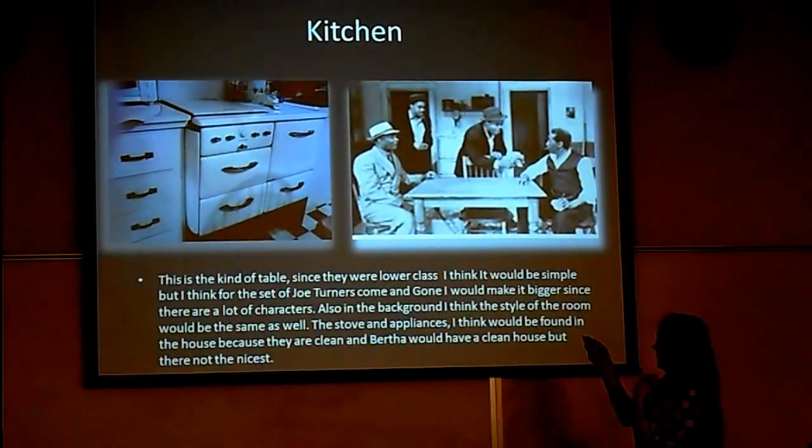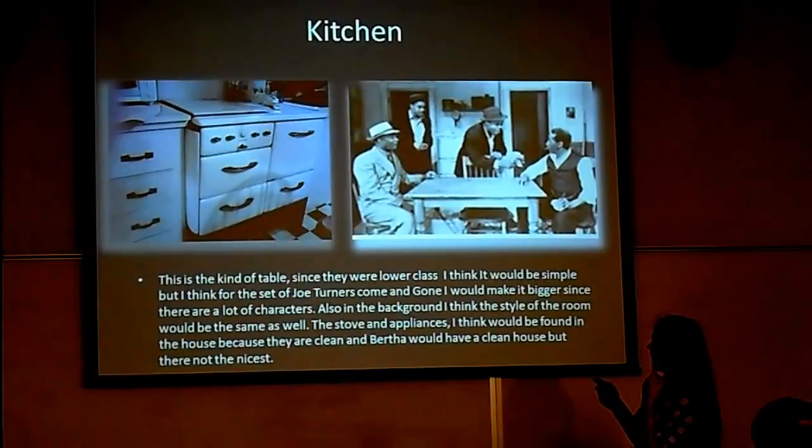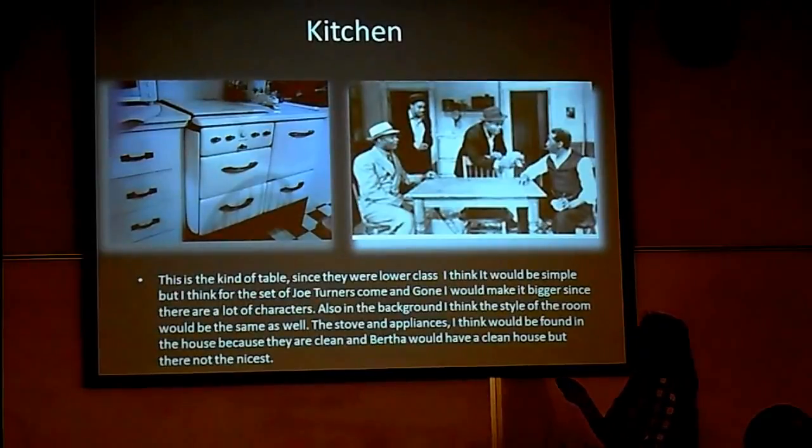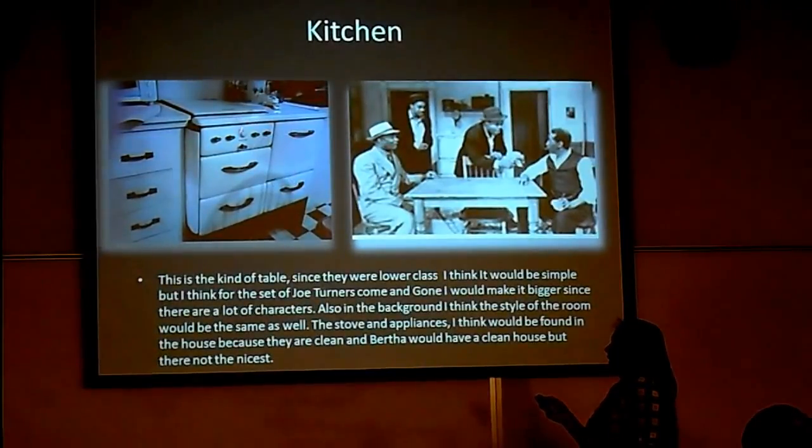This was from an earlier production of Joe Turner's Come and Gone, and the only problem with it is I don't like the smallness of the table, so I'd probably expand that because there's a bunch of people living there. And with this stove, I feel like they'd have something like that, but it would look way older and maybe not that color.